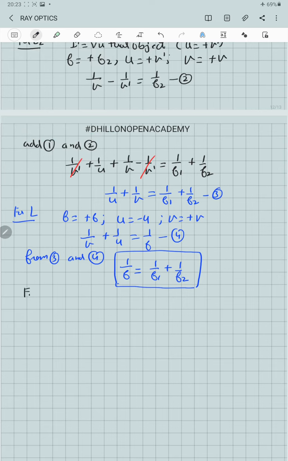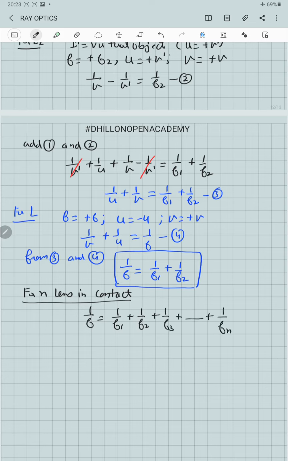So if we have n lenses which are placed in contact with each other, the equivalent focal length will be 1 over f equal to 1 over f1 plus 1 over f2 plus 1 over f3 plus so on up to 1 over fn, or power, the reciprocal of the focal length expressed in meters, will be equal to p1 plus p2 plus p3 plus so on up to pn.